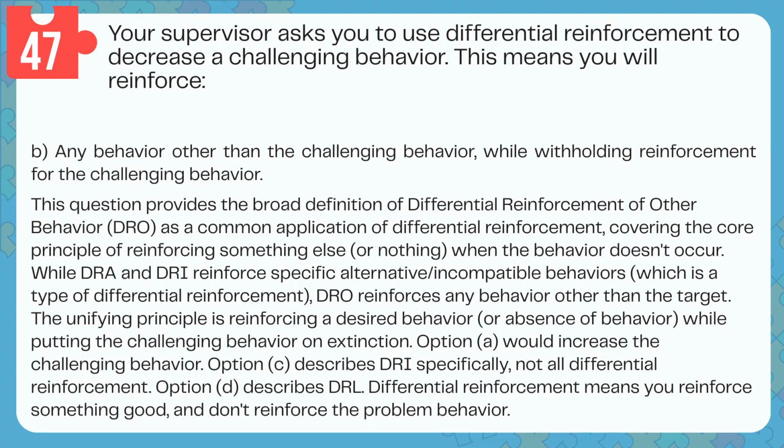Answer B. Any behavior other than the challenging behavior while withholding reinforcement for the challenging behavior. Explanation. This question provides the broad definition of differential reinforcement of other behavior, DRO, as a common application of differential reinforcement, covering the core principle of reinforcing something else or nothing when the behavior doesn't occur, while DRA and DRI reinforce specific alternative/incompatible behaviors, which is a type of differential reinforcement.